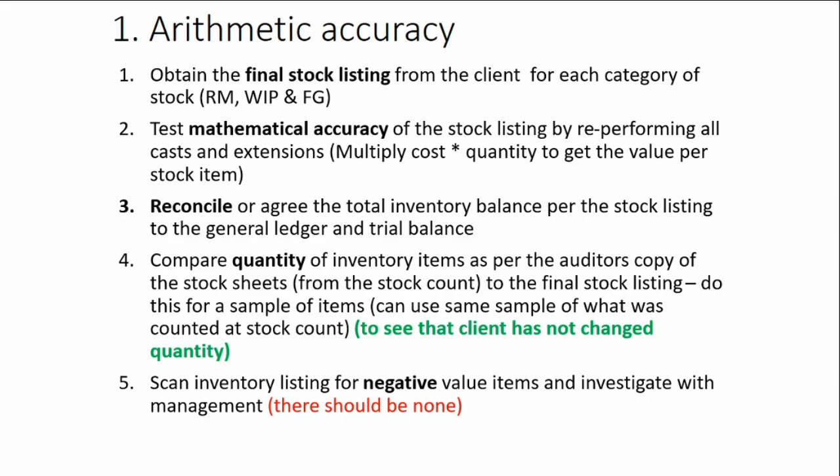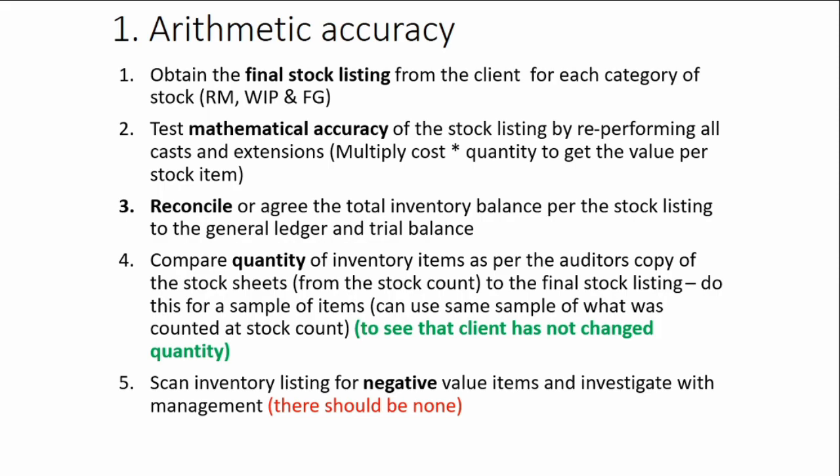We can also test the unit price by identifying the unit price for a given product or a given inventory item, and then you trace that back to an invoice that you received from a supplier to test that the actual unit cost, which is represented on the stock listing, is the same unit cost that it's supposed to be.